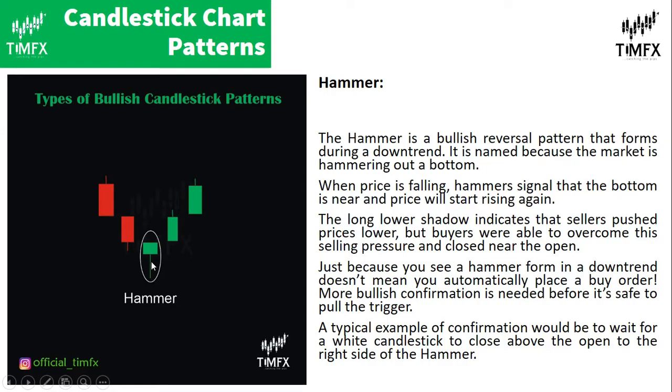But before the close of this candlestick, buyers gained pressure over the sellers, so they pushed the price up to this point. Because it has a longer lower wick, it signifies a hammer candlestick, and this signifies an uptrend.